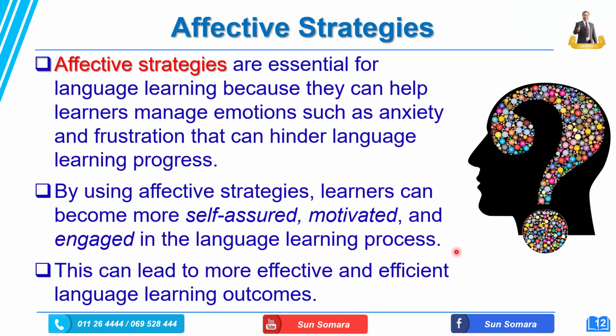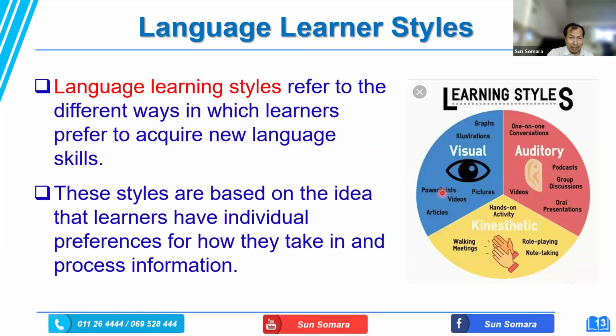By using affective strategies, learners can become more self-assured, motivated, and engaged in the language learning process. This can lead to more effective and efficient language learning outcomes. Thank you, teacher. Okay, thank you, Simon. Okay, move to language learner style.